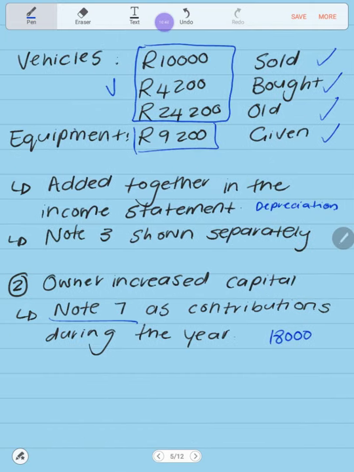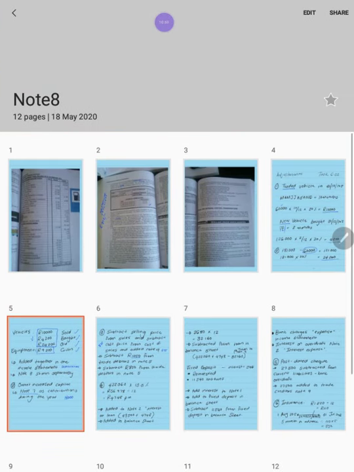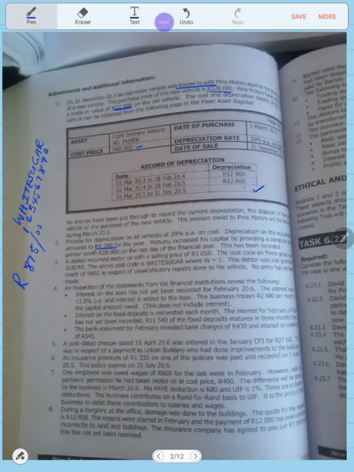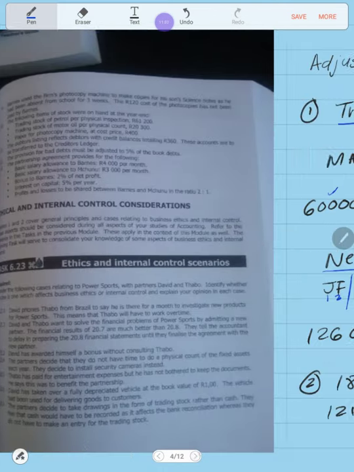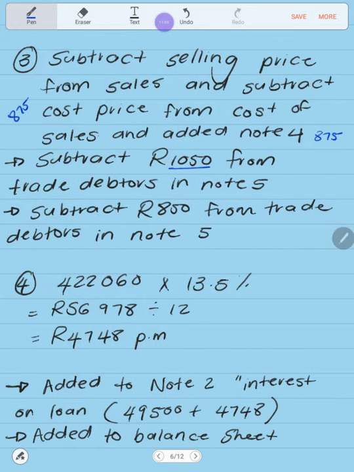If you have a look at this transaction, the debtor was also granted credit of 850 in respect of unsatisfactory repairs. So where are we going to be putting it? We are going to subtract 850 from trade debtors in note 5.